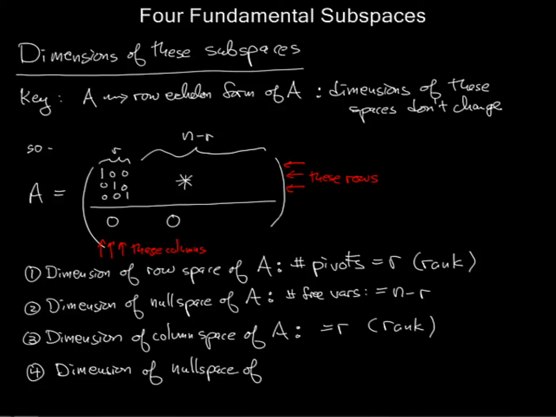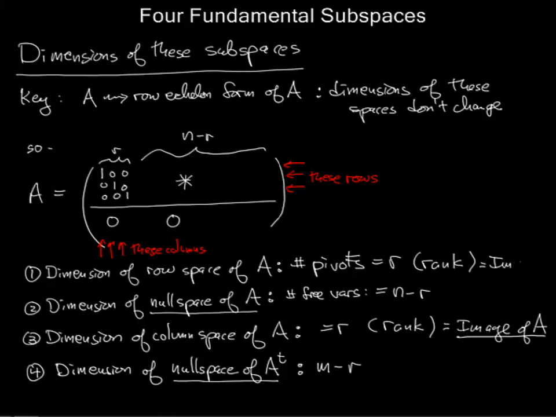And finally, the dimension of the null space of A transpose, well, you just flip the matrix, and instead of n minus r, you get m minus r. Now, as always, I really like to think purely in terms of null spaces and images. So 2 and 4 are given by the null spaces of something, and 1 and 3 are given by column and row spaces. Well, we can replace those with the image of A transpose and the image of A.